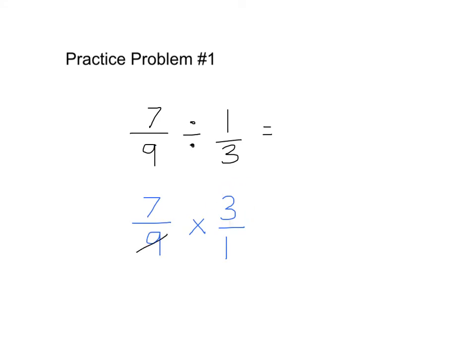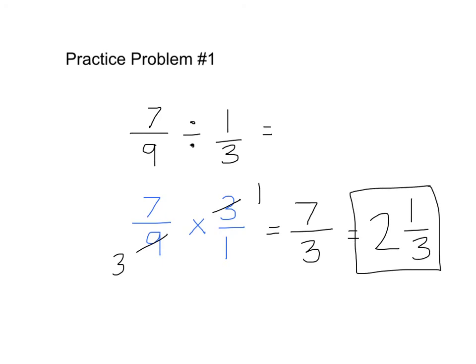So 9 divided by 3 is 3. 3 divided by 3 is 1. I'm going to multiply across the top. 7 times 1 is 7. Multiply across the bottom. 3 times 1 is 3. My answer is going to be 7/3. And if I change it to a mixed fraction, 3 goes into 7 2 times with 1/3 left over. My answer is 2 1/3.